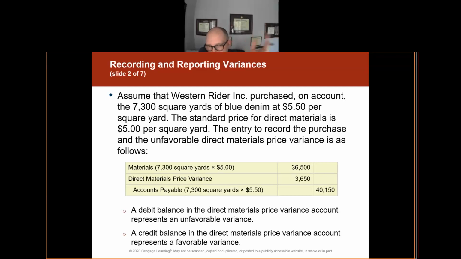And then we credit accounts payable. The square yards that we actually purchased times the price we actually paid, 40,150. Everyone sees how we got there? This is the journal entry that we would make. Yes, I think I'm with you.